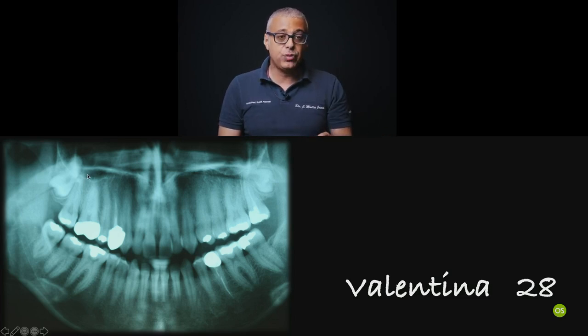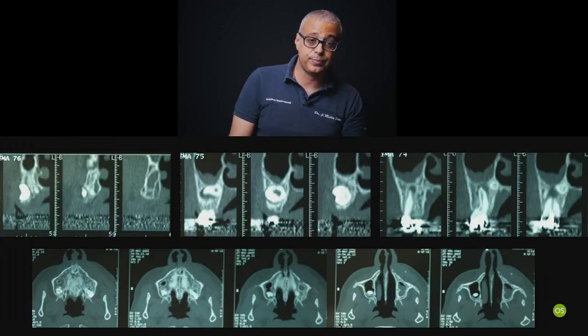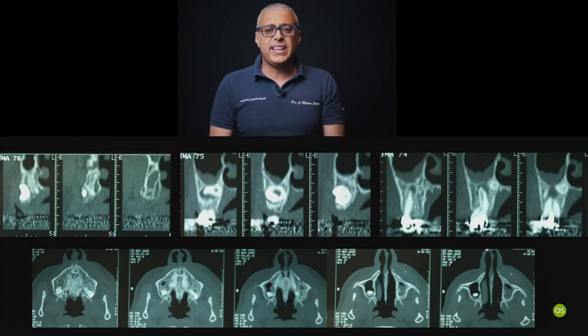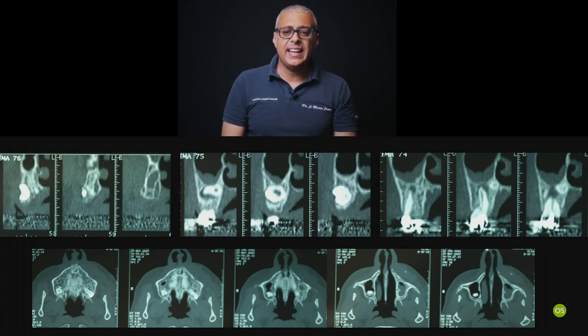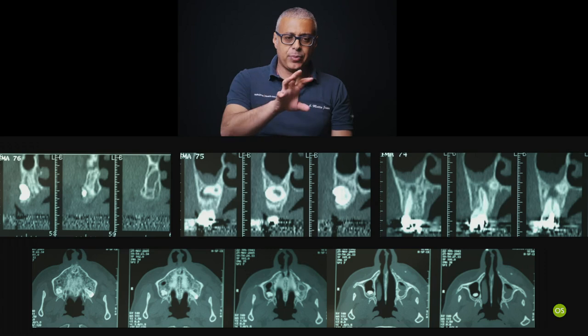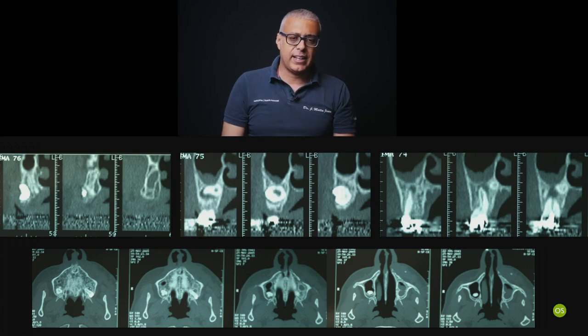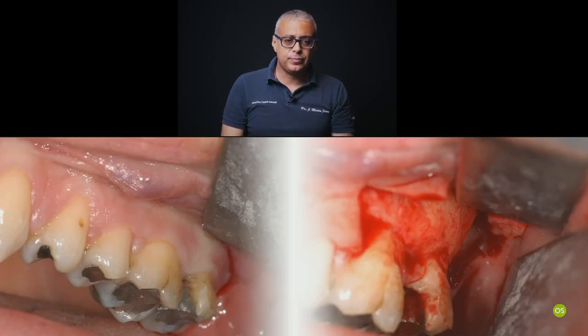And so we have to know that the roots may have a little bit of curvature. We see here in the CT scan how the roots and the crown are positioned in contact with the second molar.